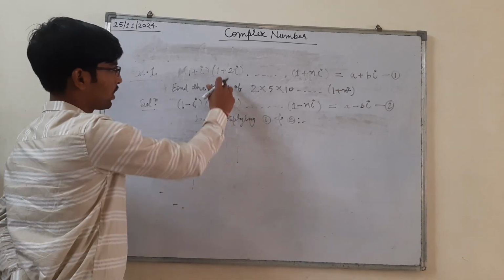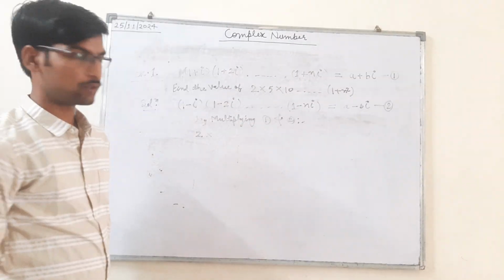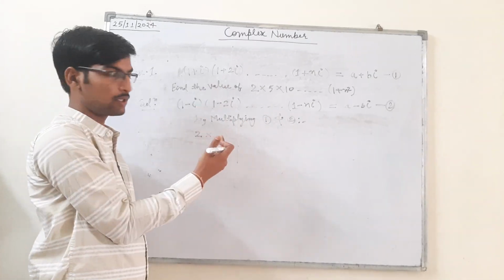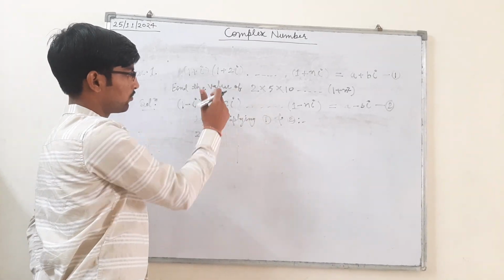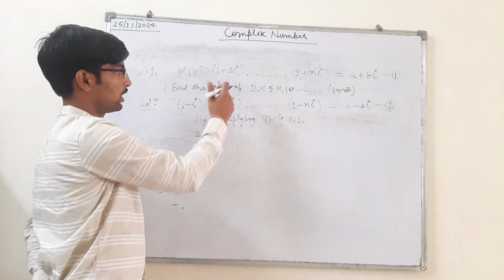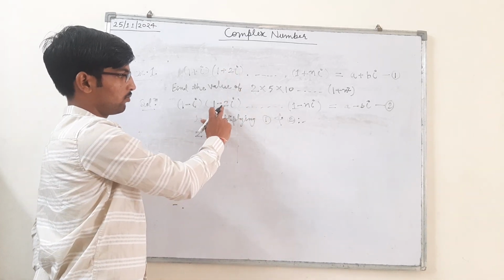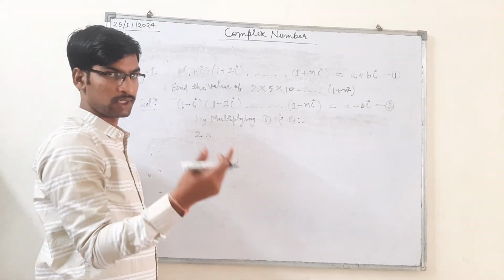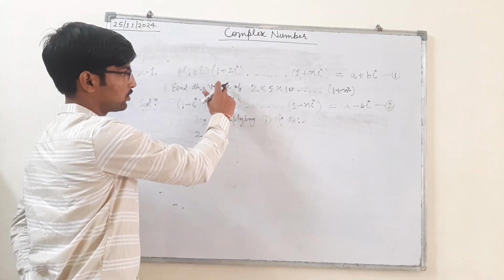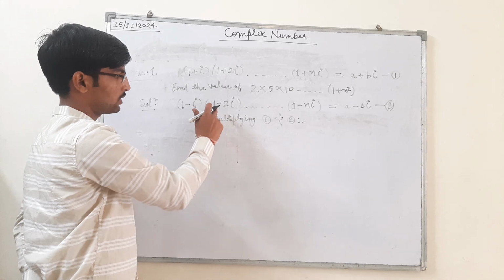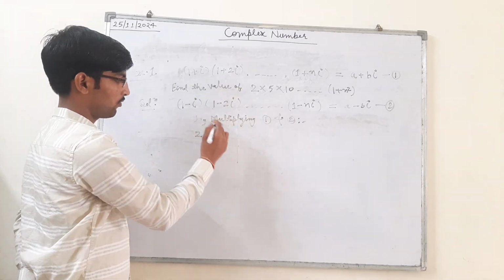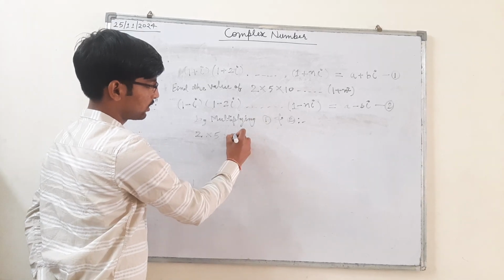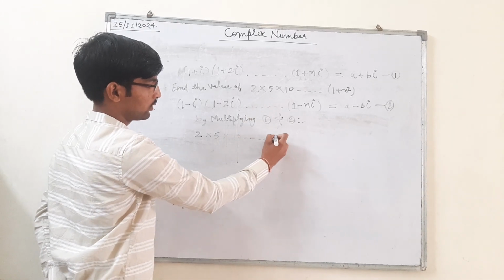Like this, 1 plus 2 iota and 1 minus 2 iota is equal to a plus b and a minus b, which is a square minus b square. Then 1 squared and 2 iota times 2 iota is 4 iota square, and we know iota square equals minus 1, so it is minus 4, minus minus plus 4. Then 1 plus 4 is 5. Like this, it is 10 and so on, up to 1 plus n square.